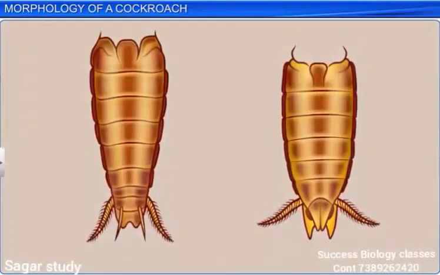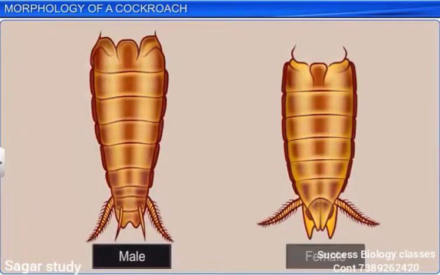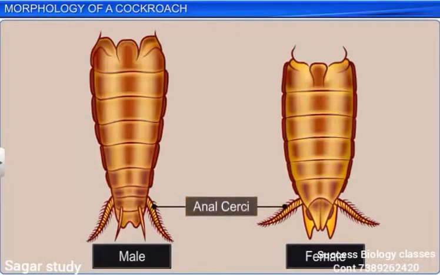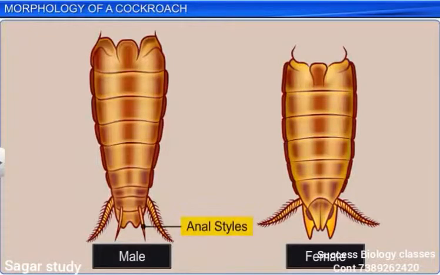The 10th segment of both male and female cockroaches bears a pair of jointed filamentous anal cerci that function as sense organs. Additionally, male cockroaches bear a pair of short anal styles which are absent in females.